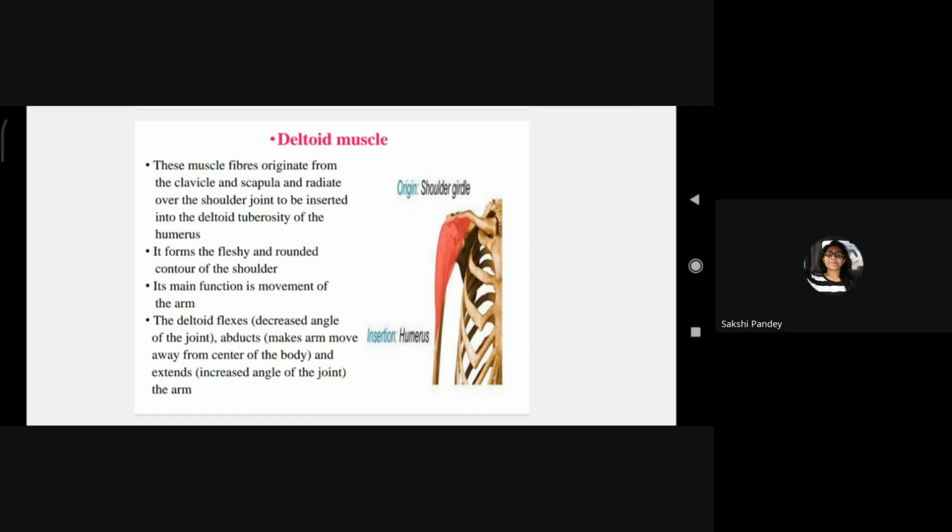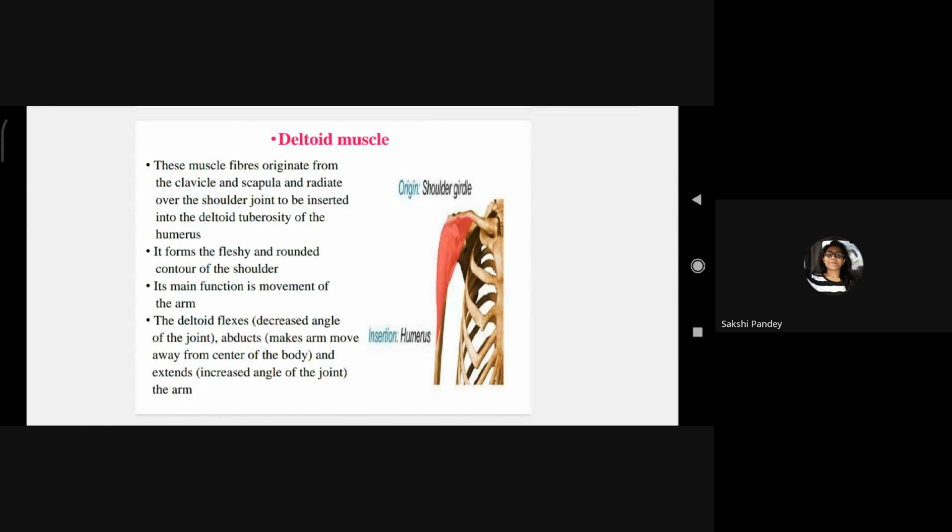Means it is originating from scapula and clavicle bone and inserting in humerus. And it forms the fleshy rounded contour of shoulder. Because of this muscle only, the rounded form of shoulder is coming. The main function is movement of arm. Deltoid flexes, abducts, and extends the upper arm.